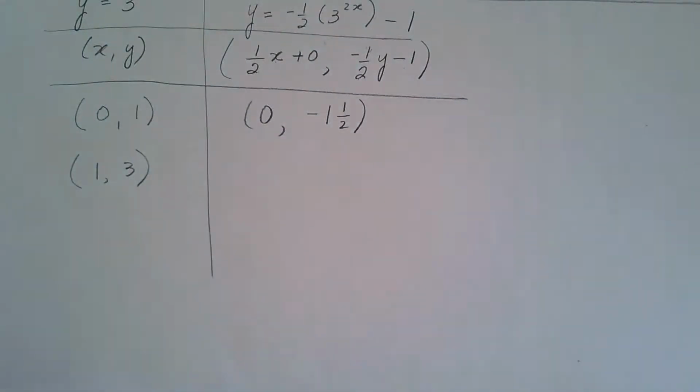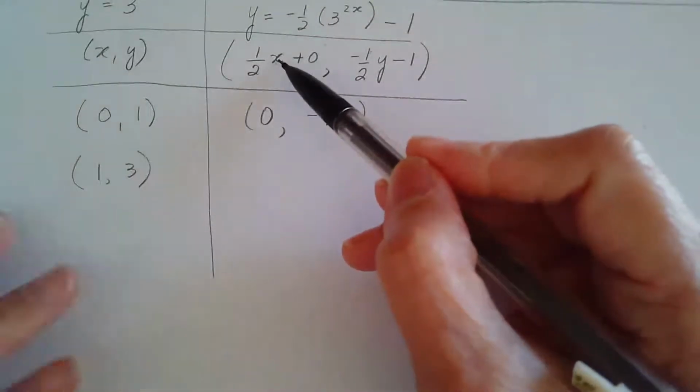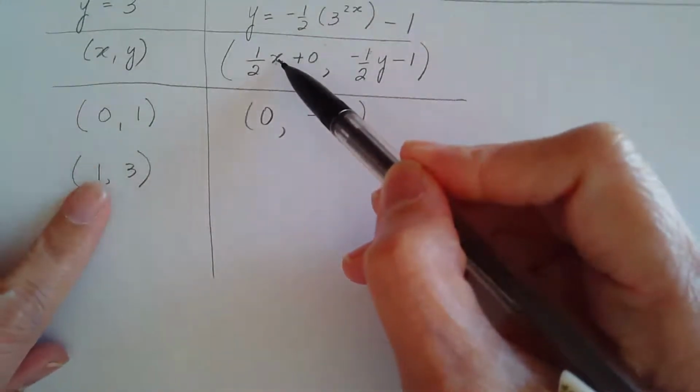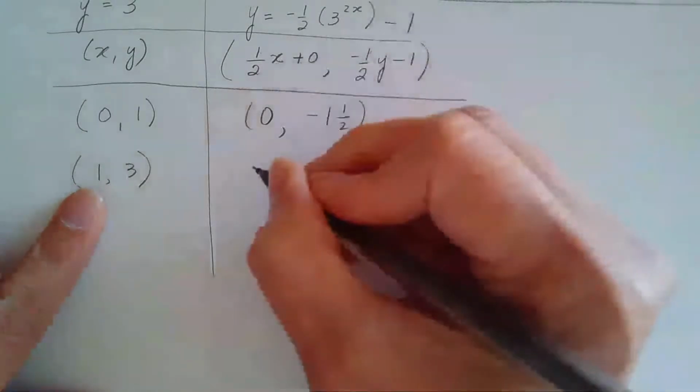Okay, that's that. The next one, if x is 1, 1/2 times 1 is 1/2, plus 0 is 1/2.